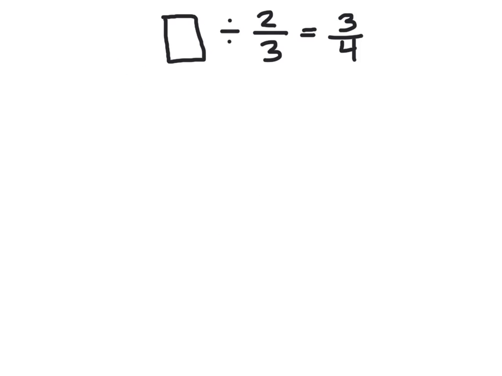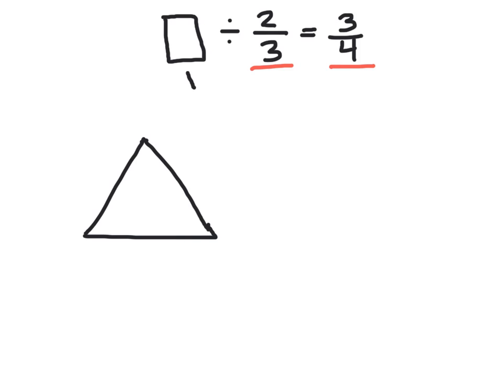Alright, so the reason why I showed you fact families is because I want you to be able to do a problem like this, where you're missing the dividend and given the divisor and a quotient. So using the fact family triangle, let's place these items on the triangle so that we can figure out what the missing box is going to be. I know that this number is unknown, and if you remember from the previous slides, on the division problem, we would place this first number on the top of our triangle.